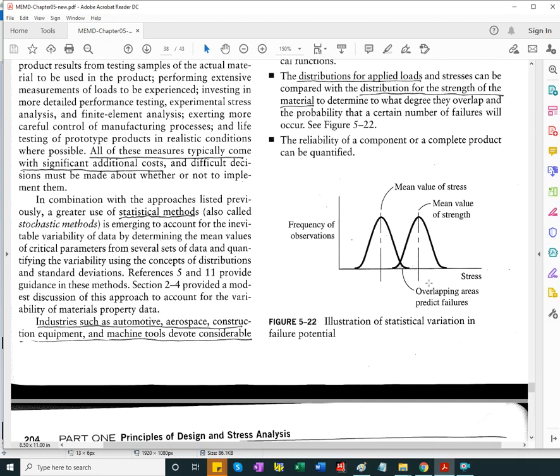Shown here are bell curves, assuming normal distribution for both. The area of the overlapped curves is the probability of failure, where high loads meet a weak material. Good quality control will increase the sharpness of the material property distribution.